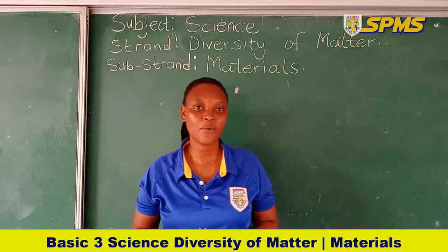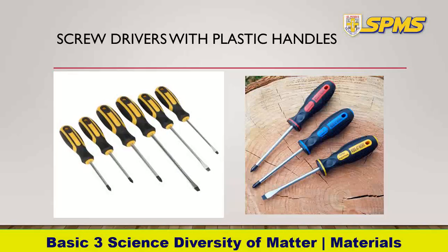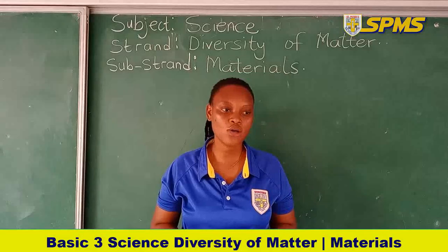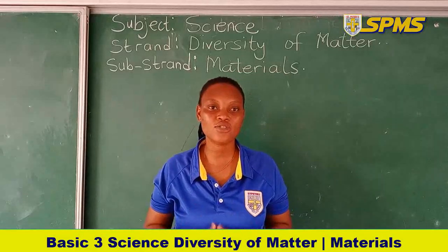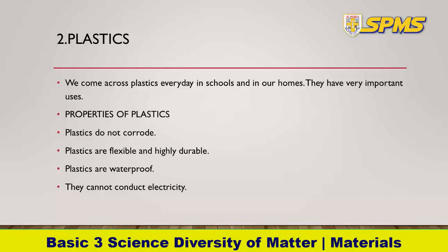Our next example, we have screwdrivers with plastic handles. Why do you think we have plastic handles? We have plastic handles because plastics cannot conduct electricity. Do you remember the properties of plastics?